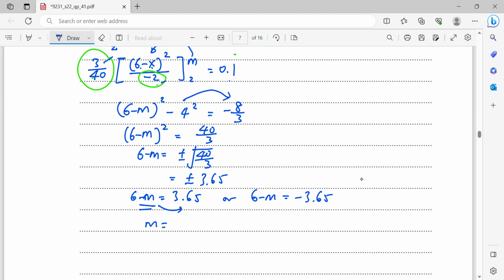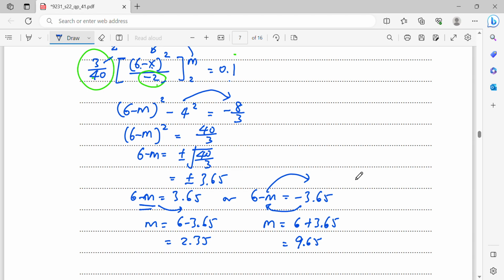So now my m will be 6 minus 3.65, and you will get 2.35. For the other one, the m moves to the right side and the negative 3.65 moves to the other side, so it becomes plus. Now my m is 6 plus 3.65, which is 9.65.